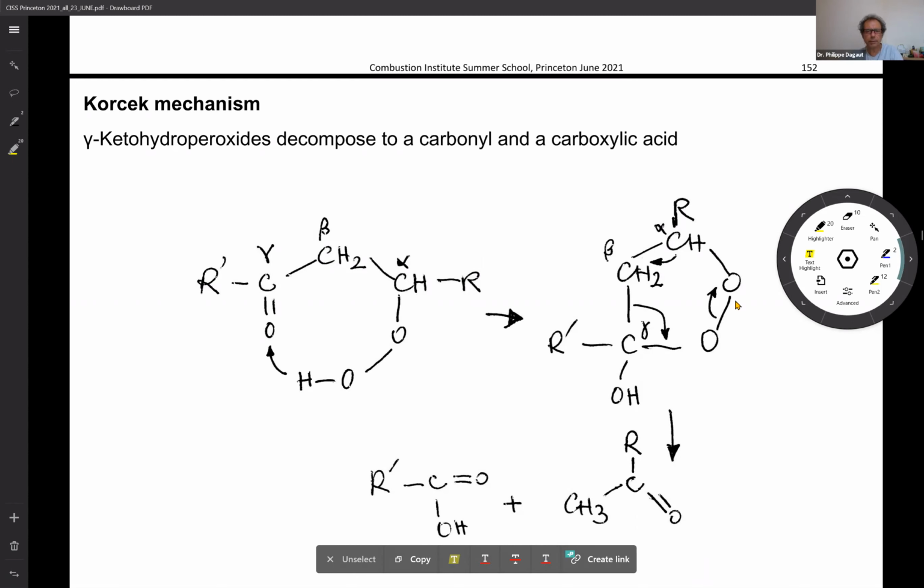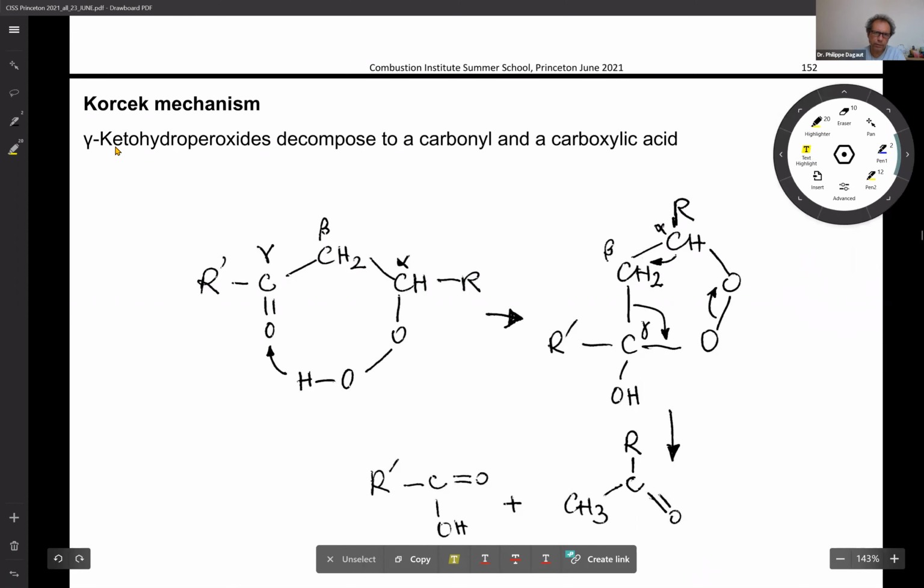And it has been proposed recently, based on ab initio calculations, that the reaction proceeds this way. So it's only for gamma keto hydroperoxide. So gamma means based on the position of the hydroperoxy group. So this is the alpha carbon, the beta carbon, and the gamma carbon.